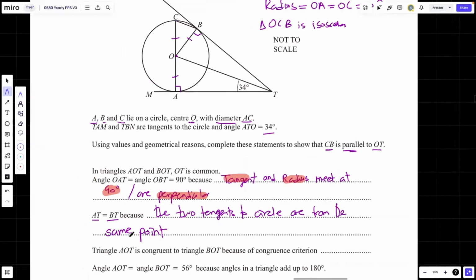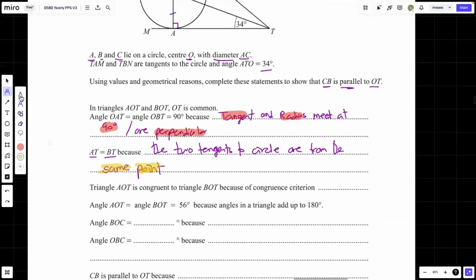The key word here is that they are from the same point. The two tangents to the circle are from the same point, and that's why AT and BT are going to be equal.